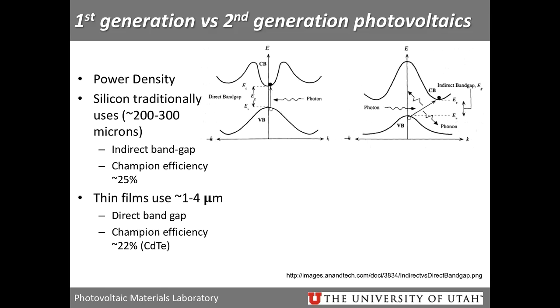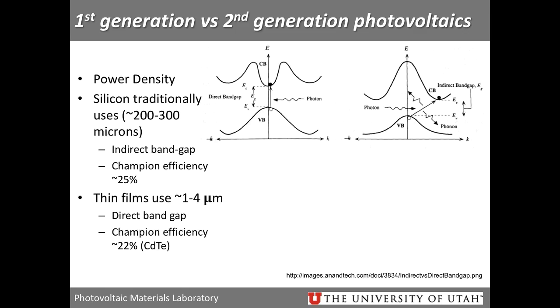So in order to absorb a photon of light, you not only need a photon with energy higher than the band gap, you need a momentum shift. So that generally comes from some phonon transition that imparts an extra shift in momentum into the excited electron. And because of that, silicon has really low absorption coefficients. So essentially, you need a lot more material to absorb the same amount of light.